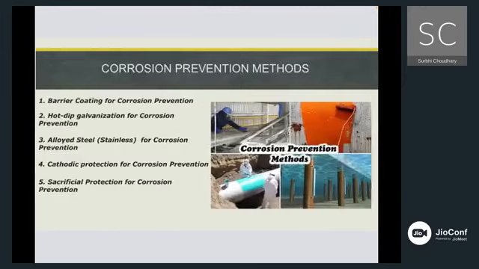Now we need to talk about certain methods which are used to prevent the corrosion process, because corrosion is the disintegration or degradation process of the metal, so that the metal loses its original characteristics.